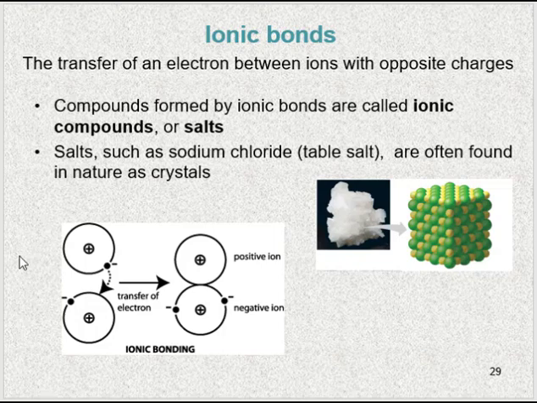We have 2 ions, a positive ion and a negative ion. A transfer of electrons occurs, and the positive ion gives up its electron to give the negative ion 2 electrons and fill its valence shell.